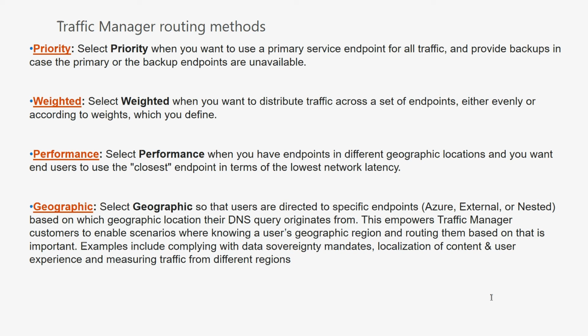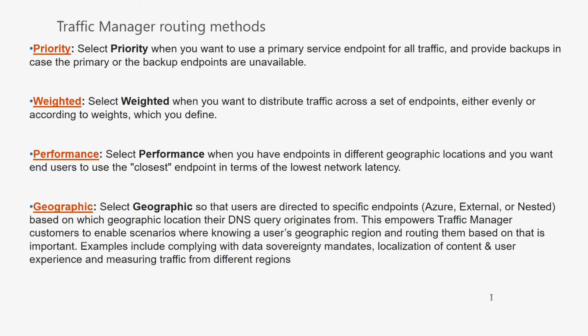Performance is based on geographical locations. Basically, if I am originating a request from the Asian region, my request will be pointed to the closest endpoint. So how does it work?